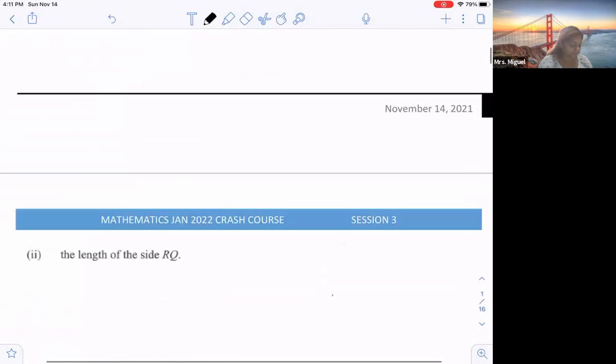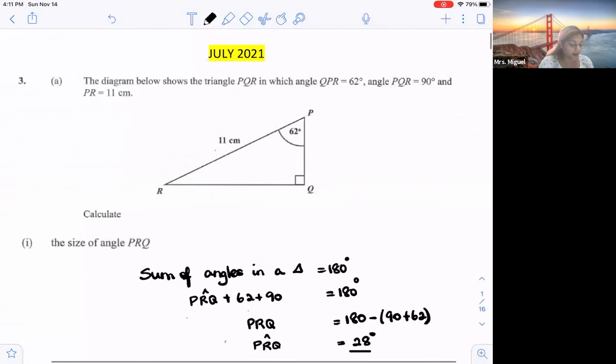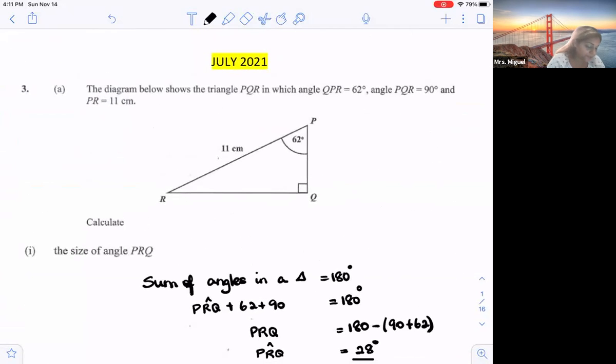All right. We want the length of side RQ. So we know that this angle here is equal to 28 degrees, and we want the length of RQ. So we want this length here.